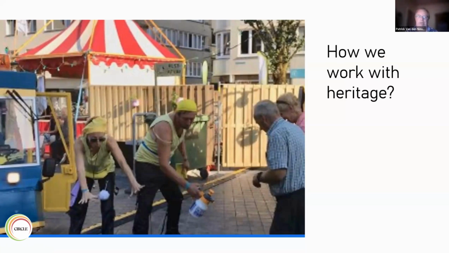And together, professionals, public, volunteers, interested people, but also people that perhaps at first sight don't have an interest in heritage, you try to involve them, engage them into heritage work. And you use heritage as a way of connecting people to each other.